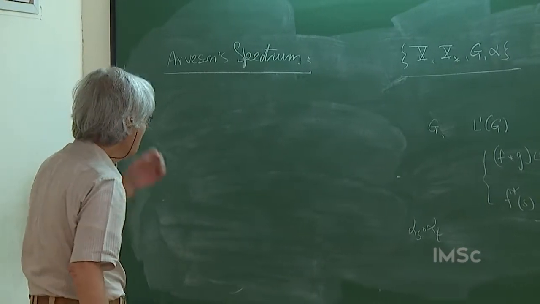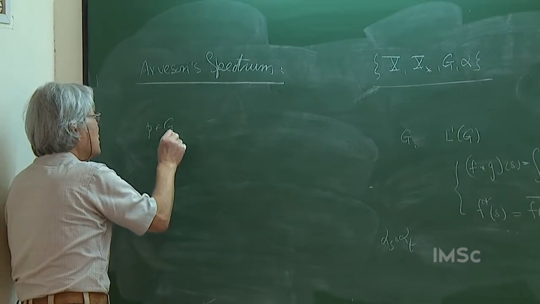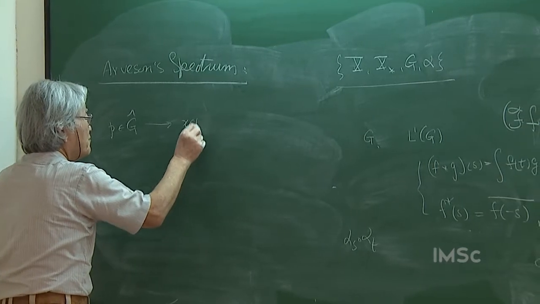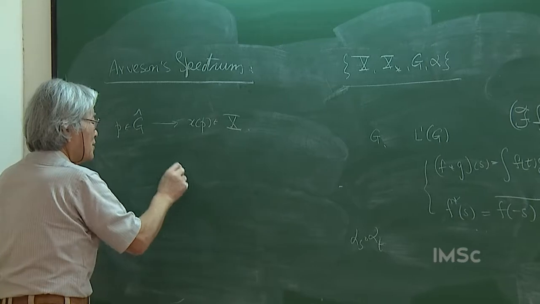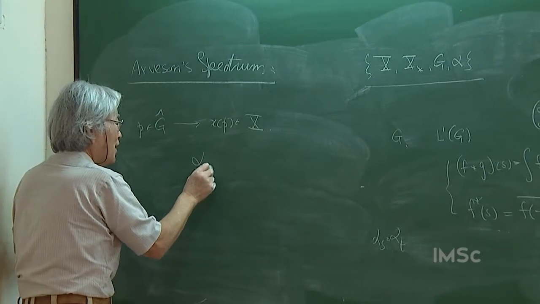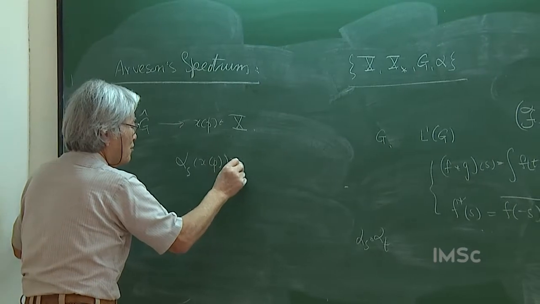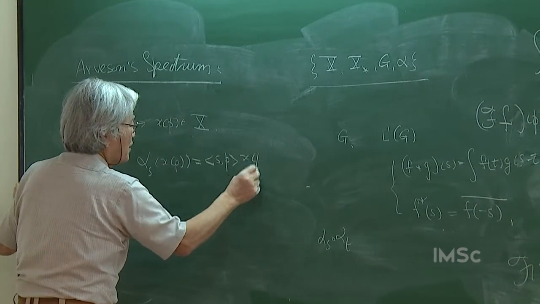Suppose you have the following mapping from G hat into X, p to x_p in X, such that alpha_s of x_p equals sp times x_p.